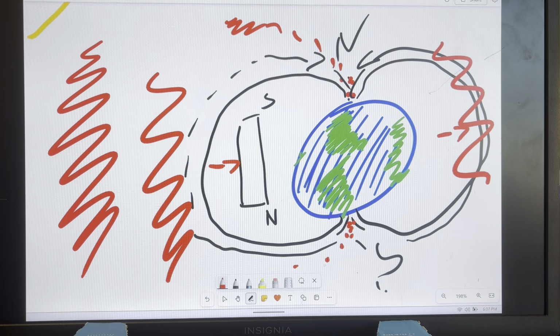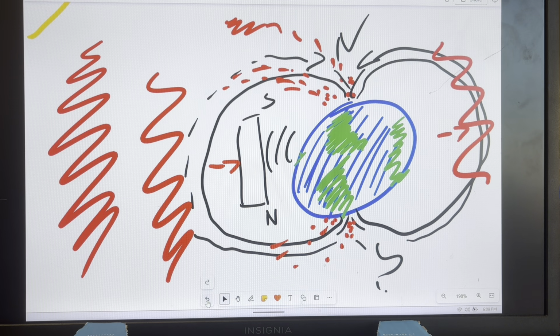Now, if there's a bigger event, it's going to compress the Earth's magnetic field even smaller, and that means that the particles from the sun can reach further down. But on a regular day, it's not going to be able to reach that far because the Earth's magnetic field is further out, not as compressed. Okay.